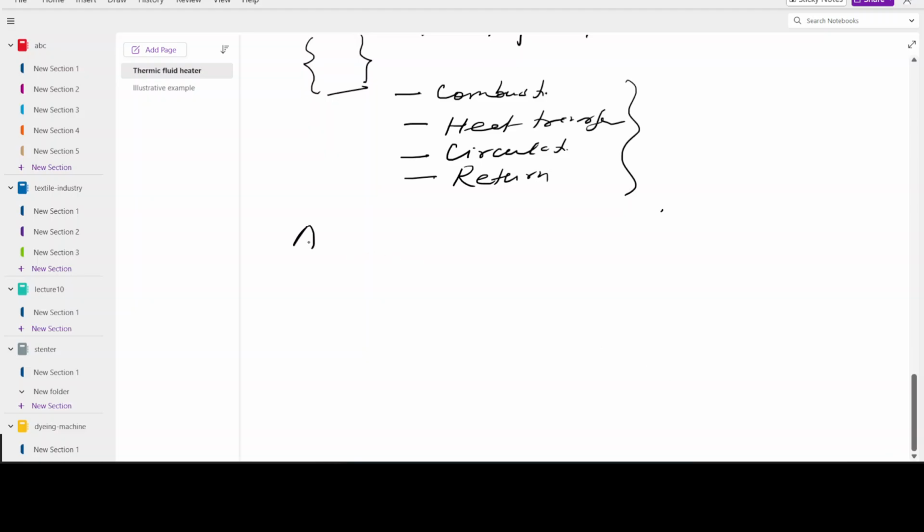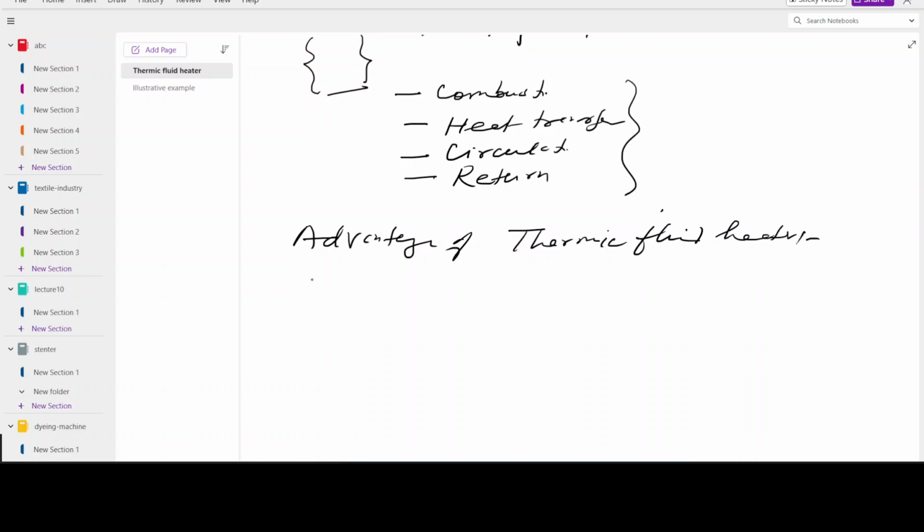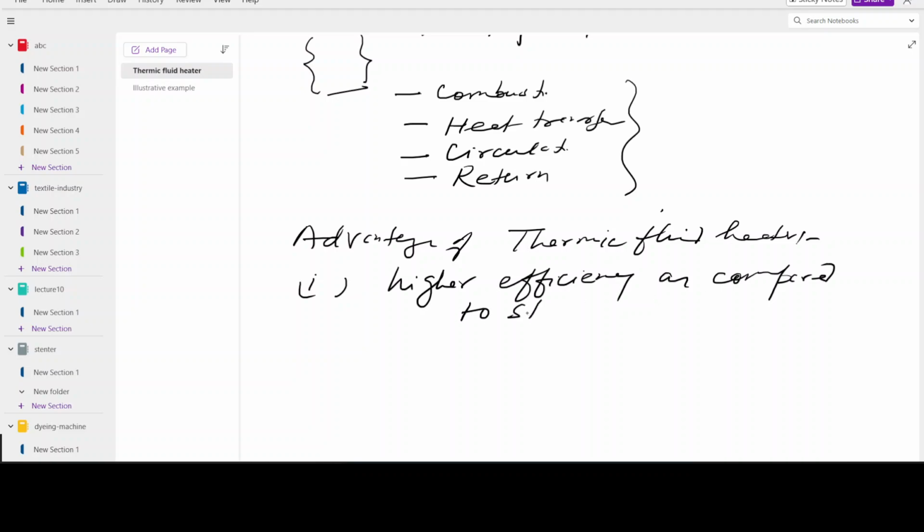What are the advantages of thermic fluid heater? First is it has higher efficiency as compared to steam boiler.